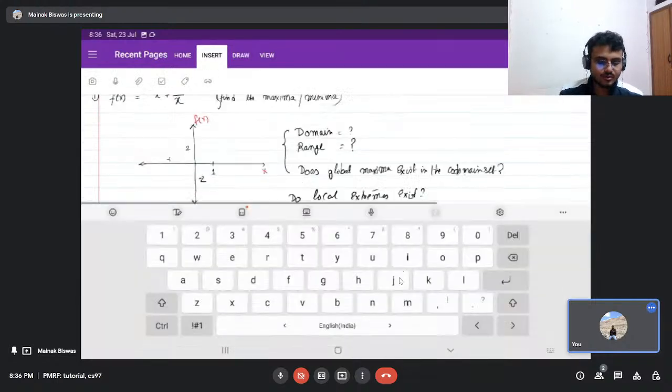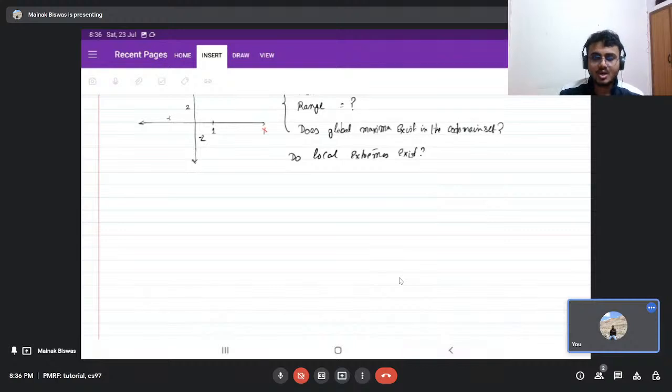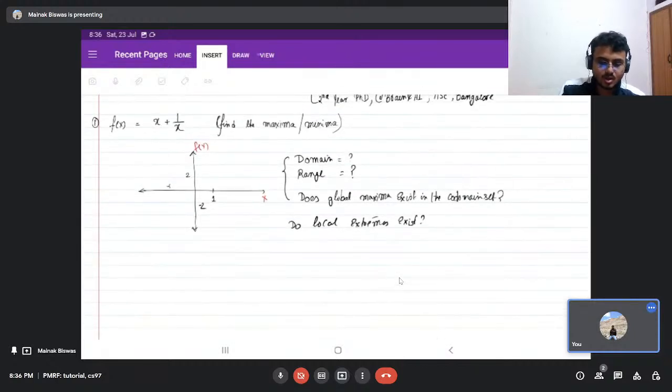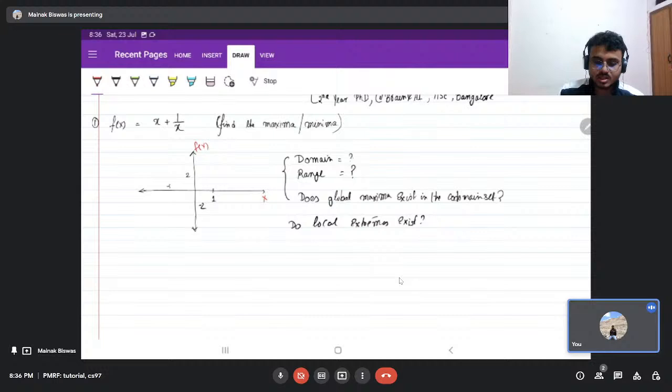So first of all, for these types of questions, we need to understand what is the range, what is the domain, and what is the codomain. If nothing is given, it is considered that the function f mapping from x to y is an R to R mapping.